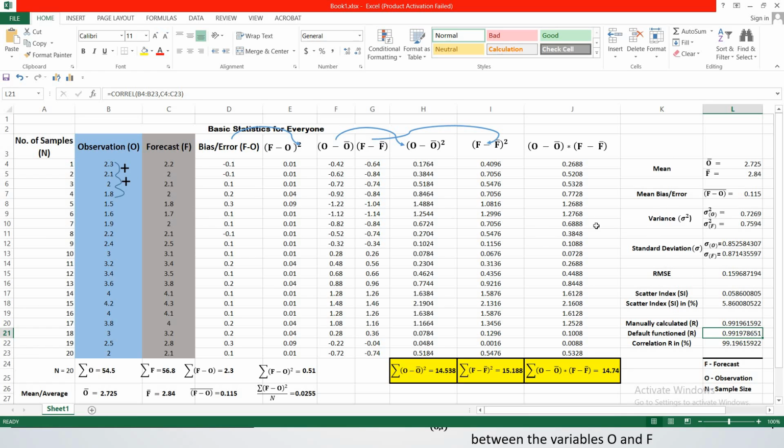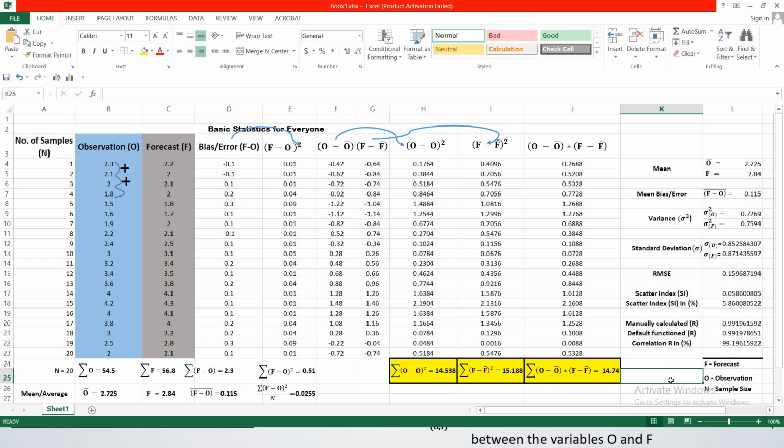If you are familiar with these terminologies and parameters, simply go ahead with the default functions in the Excel sheet, such as correlation, average, sum, mean, variance, like that, right?